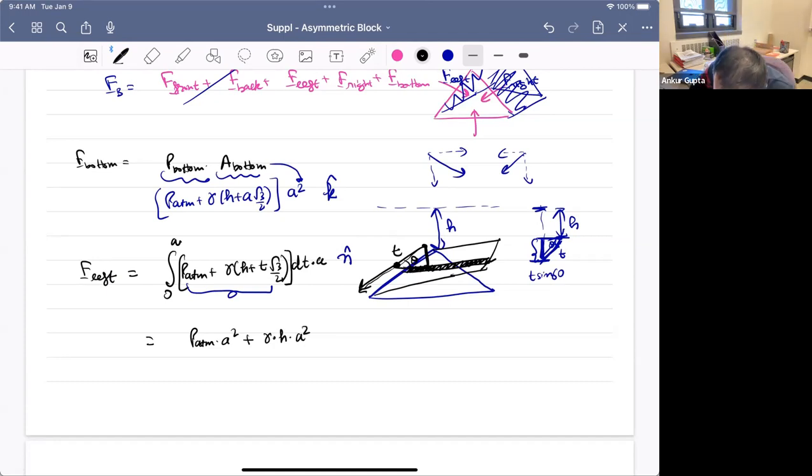And then I have T dt, which is T square by 2. So if you do that, you will get gamma into root 3 by 4 A cube. And this direction is n cap, which I have not defined yet.